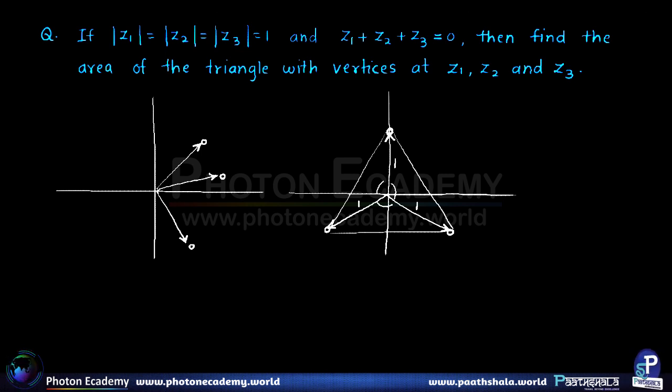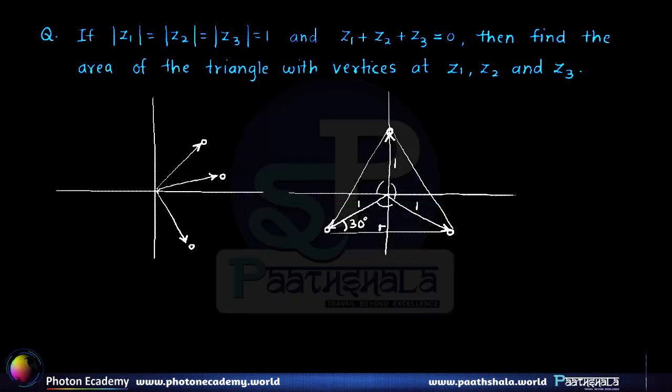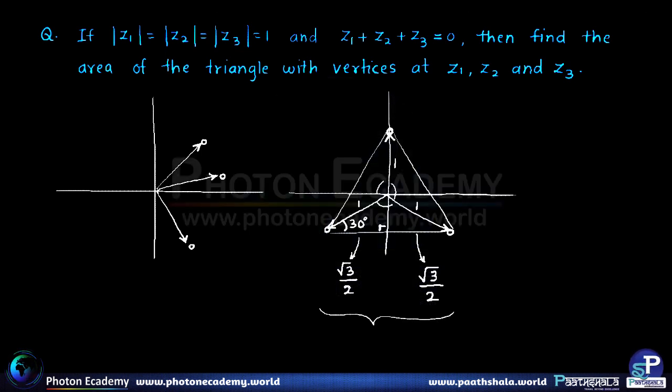Now looking at the smaller triangle here, we know that the angle below will be 30 degrees, right? So the side adjacent to 30 degrees will be root 3 by 2, because cos 30 is root 3 by 2. The other half will also be root 3 by 2. That makes the entire side root 3.